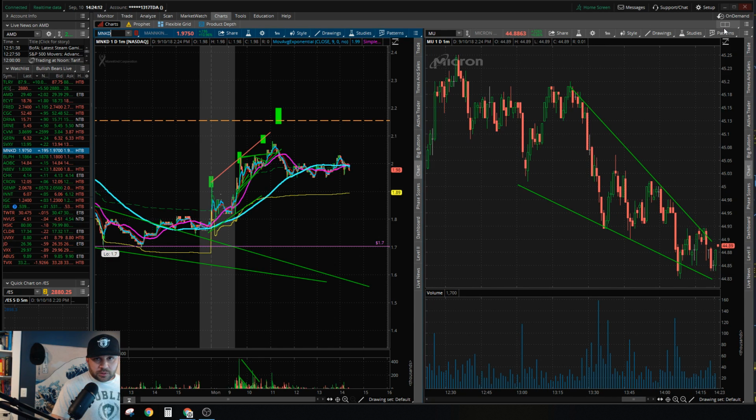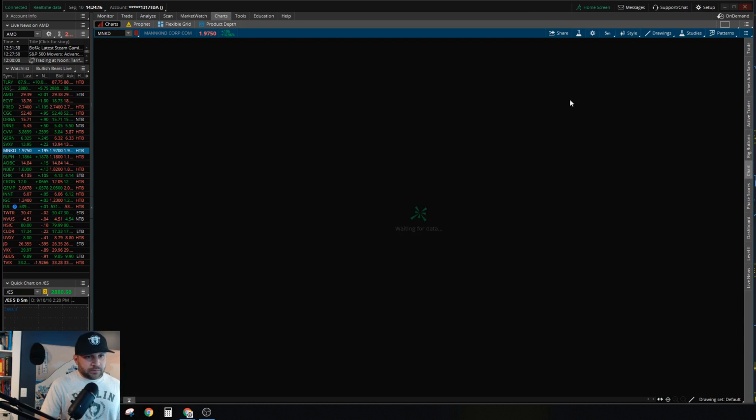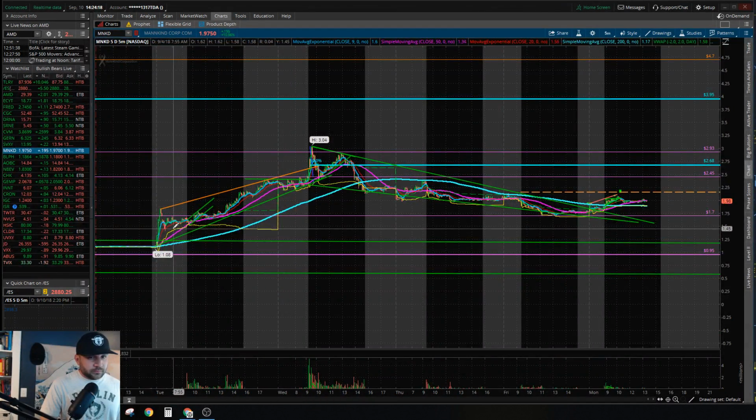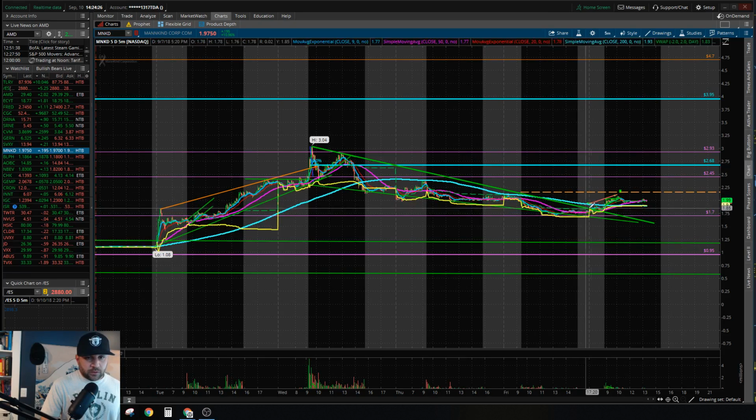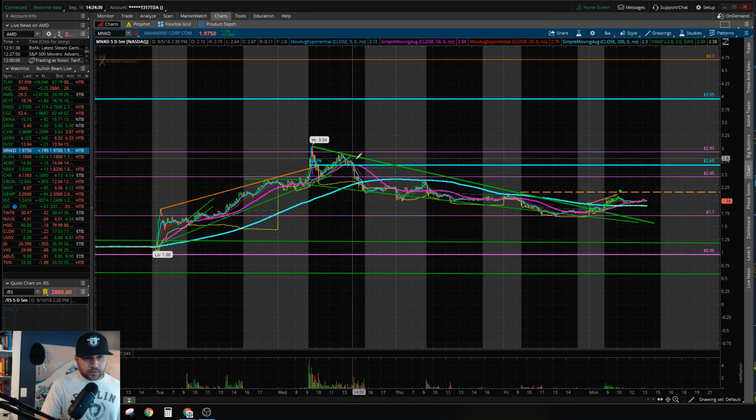Here's another one. I just want to show you guys my Mankind chart. This one's been a hot one last week, and then really not so good towards the second half of the week. It ended up in a falling wedge pattern, but it broke out today, right? So it hit that high around $3.